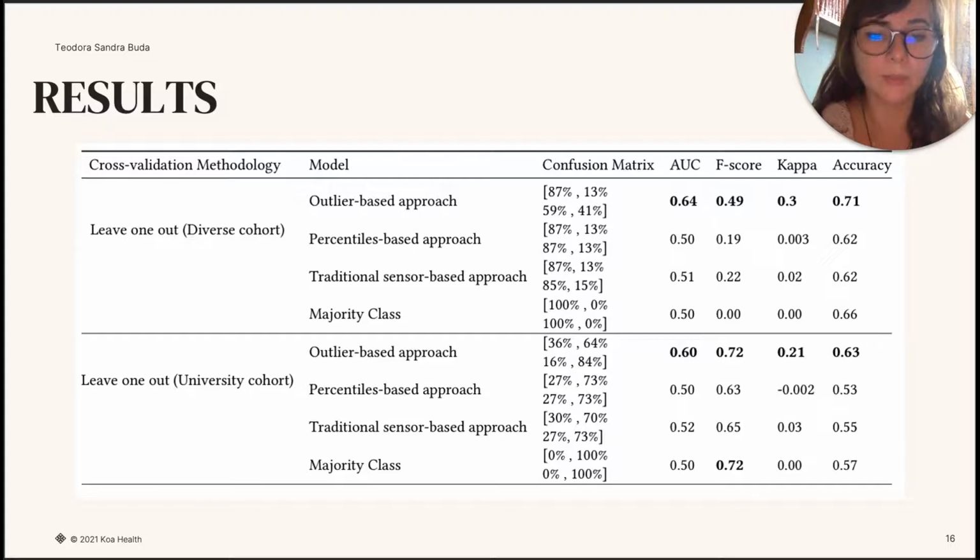Interestingly, extracting percentiles that carry more information than outliers only, as it precisely quantifies how unusual or usual an observation is for a specific individual, did not bring additional improvements in accuracy as compared to outliers. Here we show AUC, F-score, kappa, and accuracy, and we mainly optimized for the AUC score, which shows up to 14% improvement.